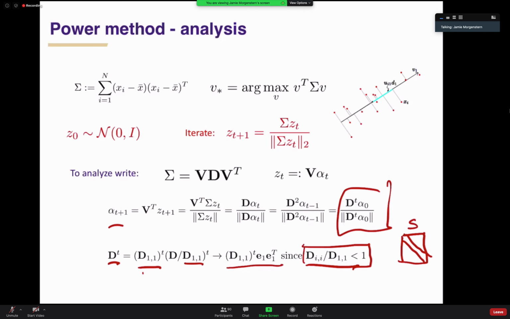That just means that the only meaningful direction is going to be the first direction. Okay, so what this is suggesting is that alpha t plus 1 is going to look more and more like our first eigenvalue split. So that's good if we're actually looking for our eigenvector.